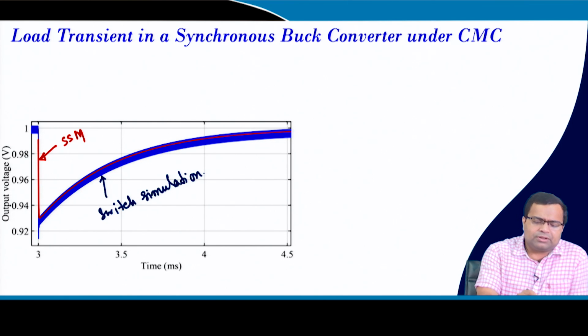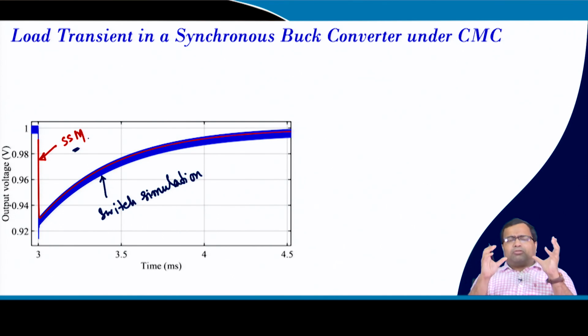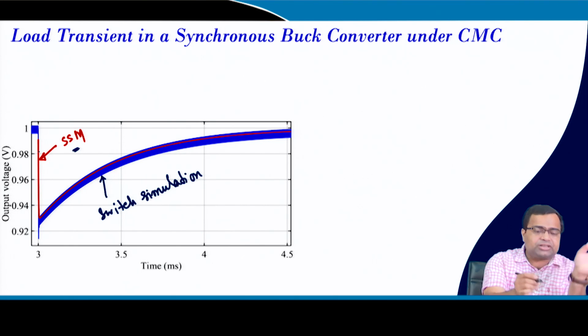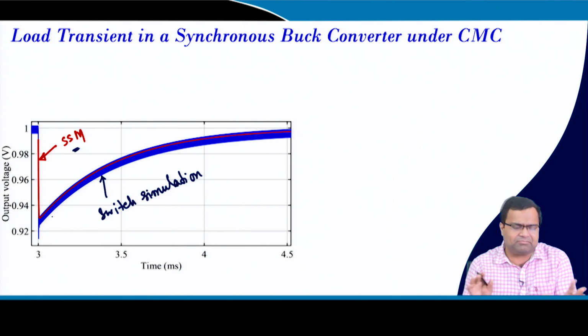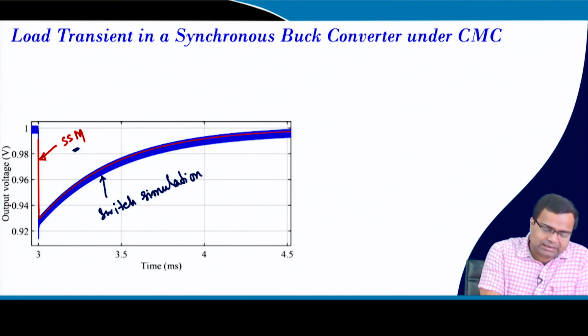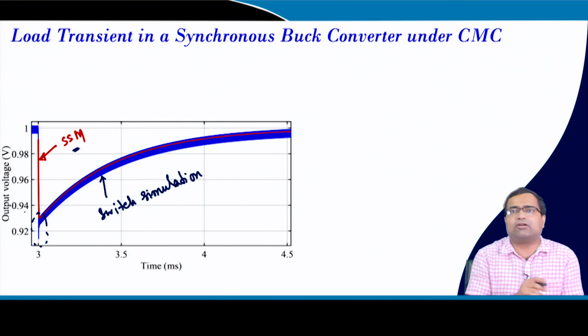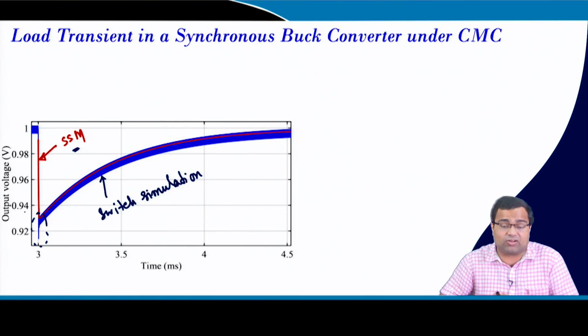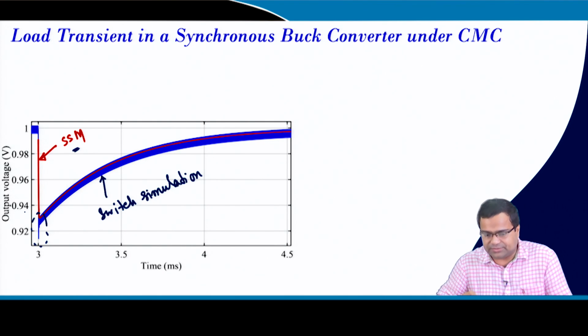I will show you this small signal model under current mode control is very simple, it is just a first order model, but it reasonably captures the behavior. It is reasonably correct, except for this portion which it cannot capture, otherwise it is fine. It is capturing the closed loop behavior of the converter, both linear model and switch simulation.